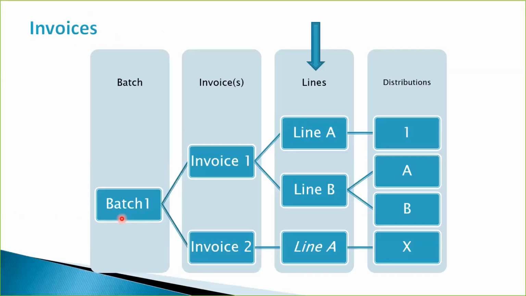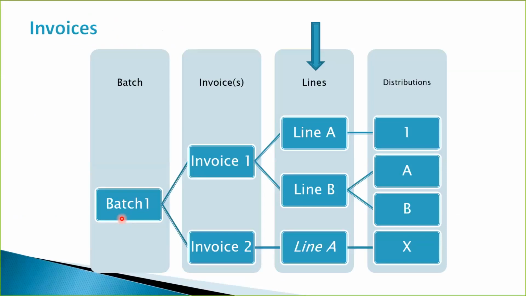So in order to understand distribution set, we have to go back to the structure of invoices that we talked about at the very beginning of our payables lessons. And we said that for an invoice in Oracle, the hierarchy for invoices is as shown on the screen.